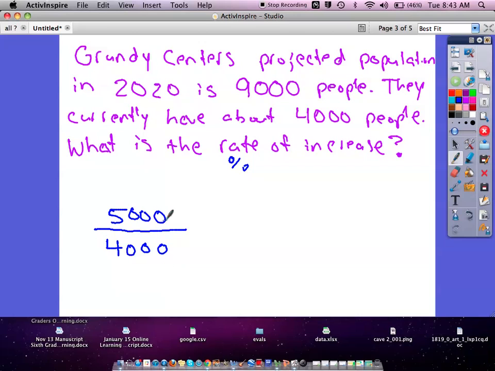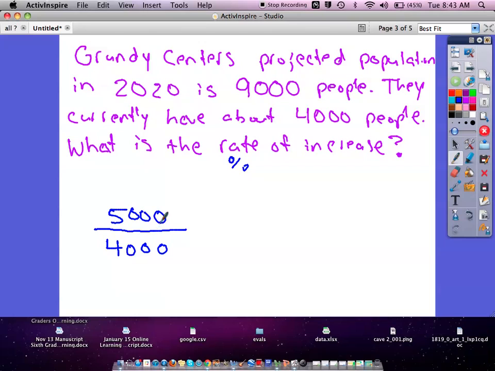Now, if you notice something, the top number is bigger than the bottom number. So our increase is going to be more than 100%, which makes sense. Because we talked about before, if you increase by 100%, it's just like doubling it. 4,000 is our 100%.